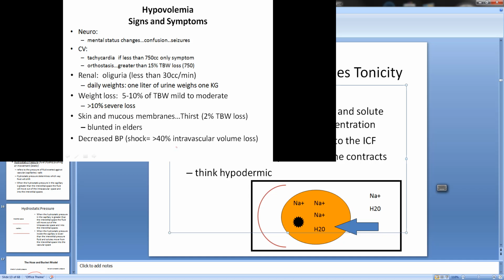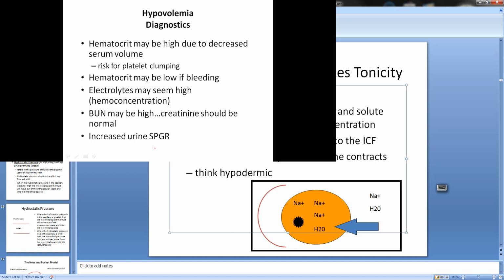Skin and mucous membranes, they become thirsty. This thirst is actually blunted in elders, so they can actually become quite dehydrated and not even feel thirsty. And of course, eventually, hypovolemia can lead to decreased blood pressure, which is shock when you have greater than 40% loss of your intravascular volume.